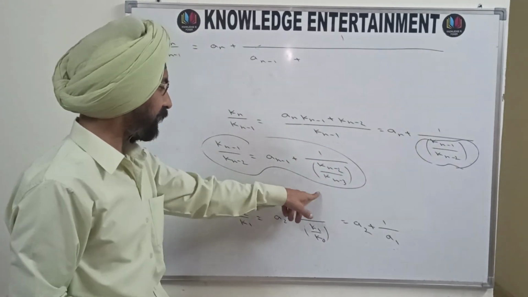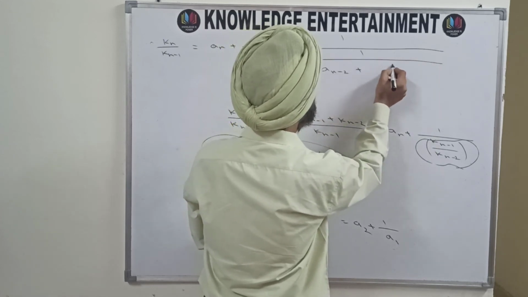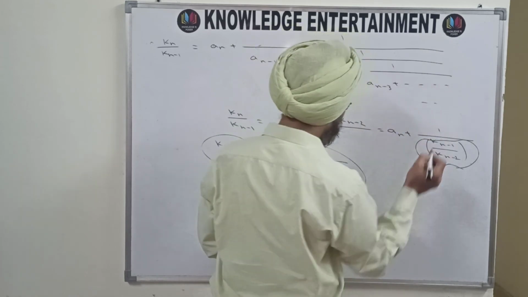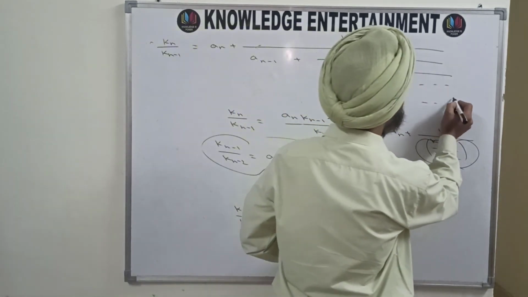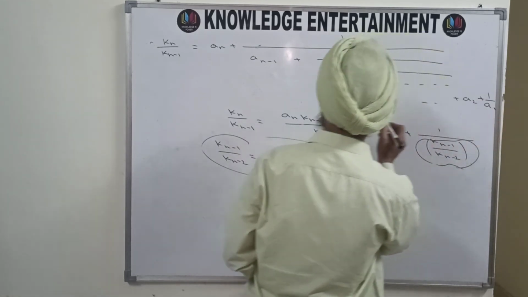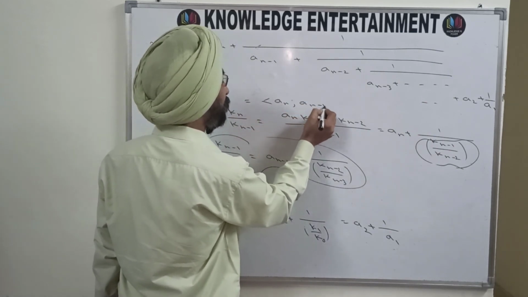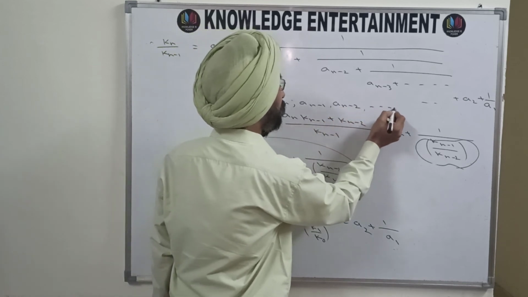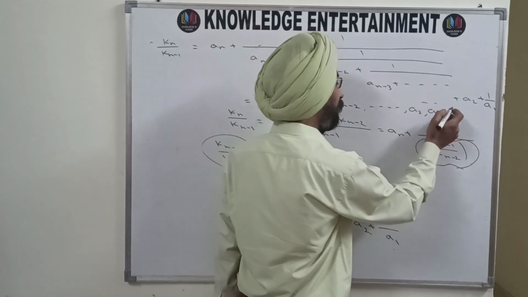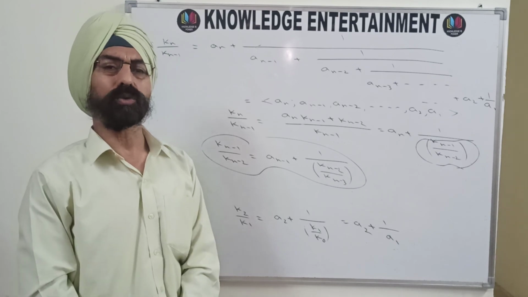And once again in the second step you will get 1 upon a_{n-2} plus 1 upon a_{n-3} plus 1 upon, and so on and so on. At last you will get plus a_2 plus 1 upon a_1. That means it is nothing but a_n, a_{n-1}, a_{n-2} and so on up to a_2, a_1. So this is the reverse continued fraction of a_0, a_1, a_2 and so on up to a_n.